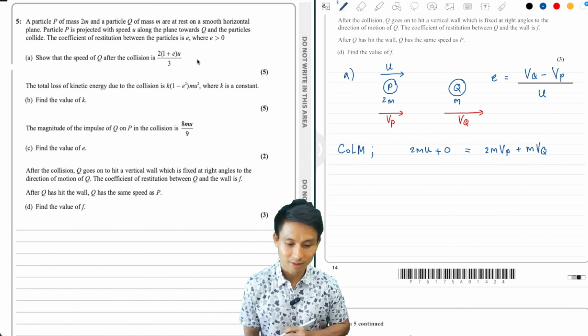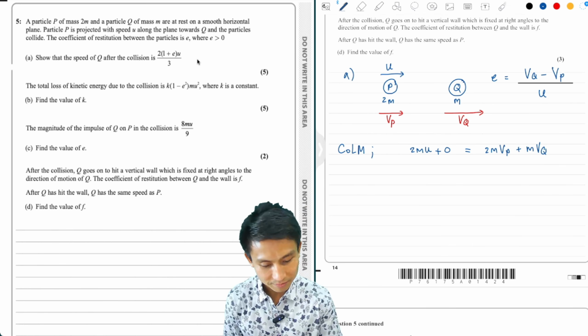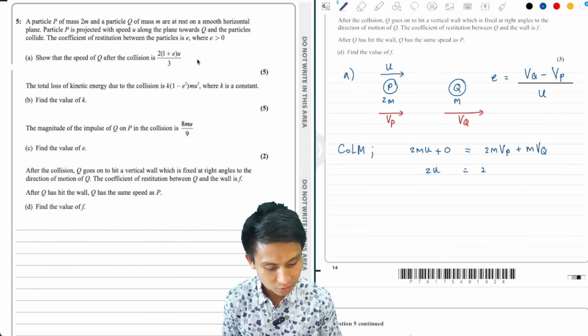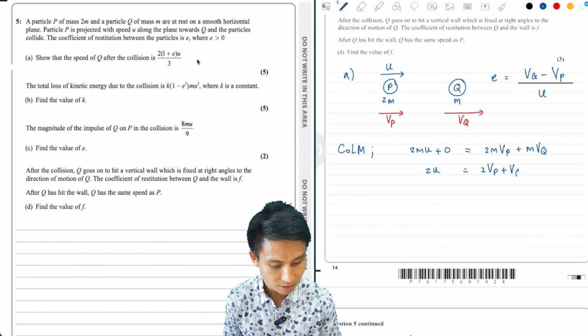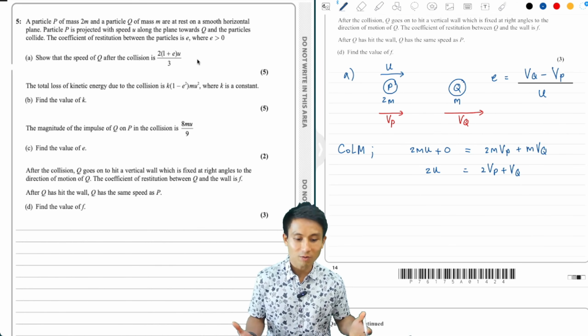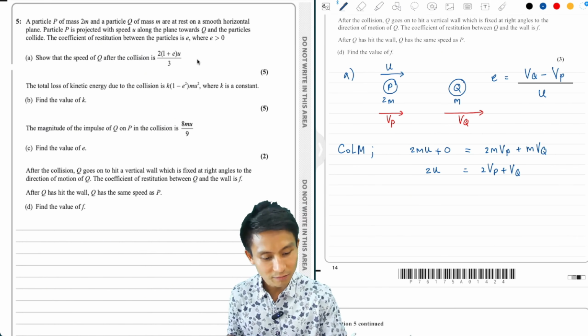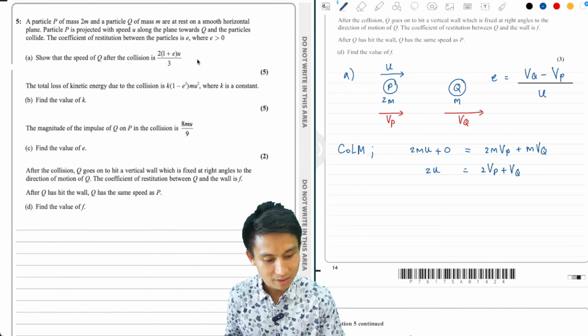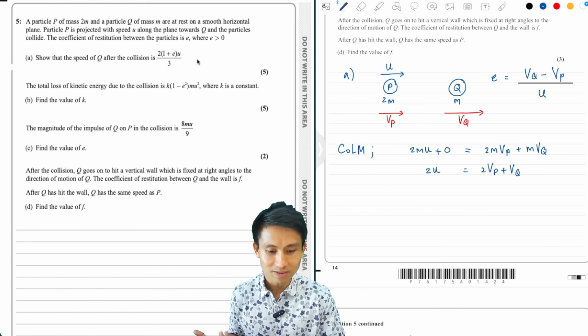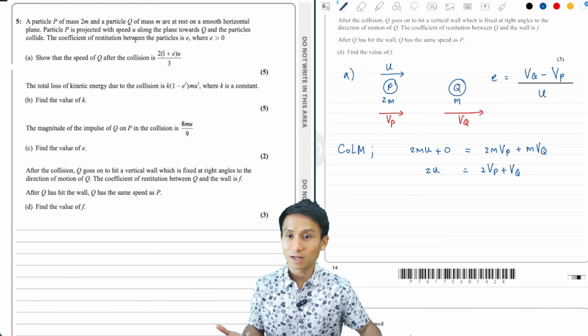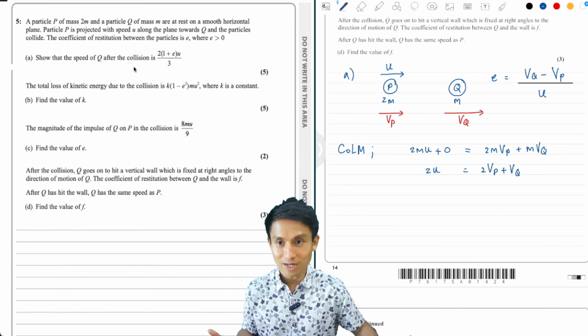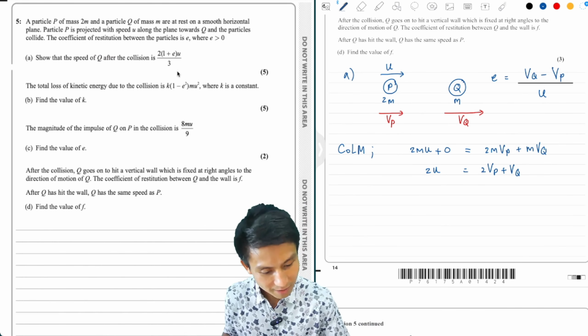Like that. So if we cancel the m, we have 2u equals 2vp plus vq. Well, seems like we have simultaneous equations here, yeah? So from this equation, we want to find the speed of Q here, so we shouldn't eliminate Q, so we're going to make vp the subject.